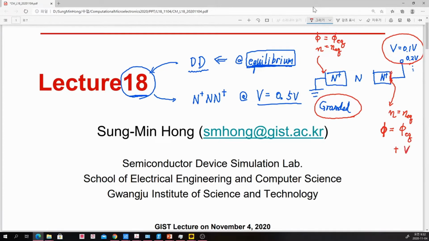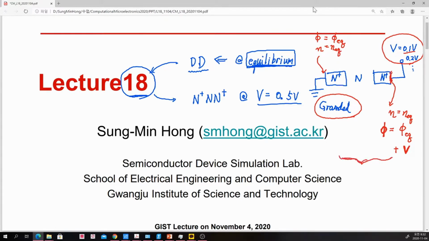Plus our applied bias voltage. Certainly, if you apply 0.1 volt to the right contact, then there will be a potential difference of 0.1 volt. If you apply 0.2 volt, then you will have a 0.2 volt difference across the system. So in that case, you will have a non-linear response.